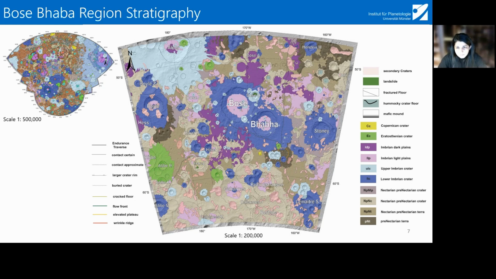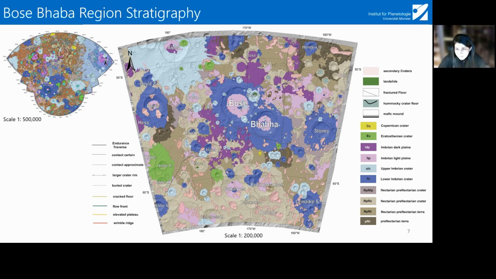The only difference in this map from previous interpretations is that we don't see a mafic mound with this unit in the south of Bhabha crater, where you see a little bit of overlay. This is the expected mafic mound, and in the stratigraphic study, we don't see any evidence of it being a volcanic feature or mound.